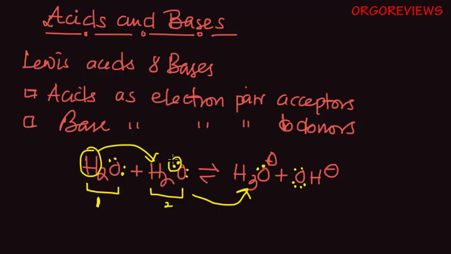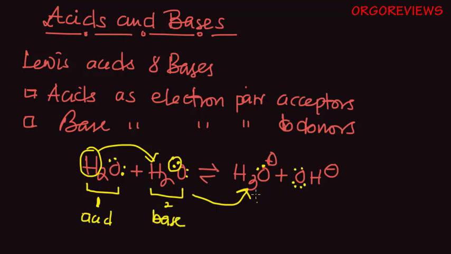The lone pair here was given to this hydrogen that had no electrons, which produces a positively charged hydronium ion. Because the hydrogen left its electrons behind, it produces a negative charge on the hydroxide ion. So this becomes the Lewis acid and this becomes the Lewis base.